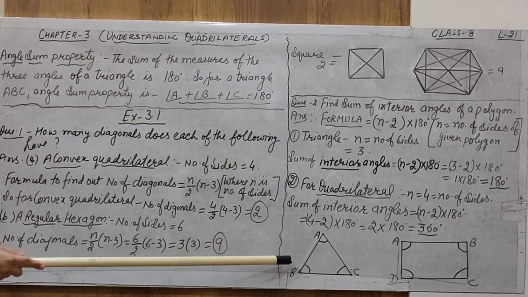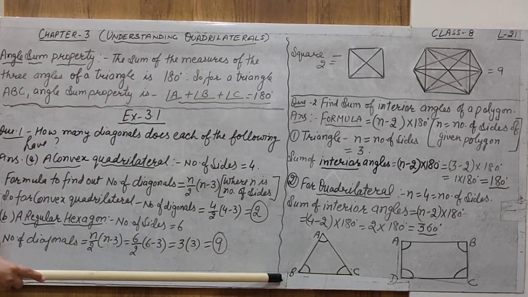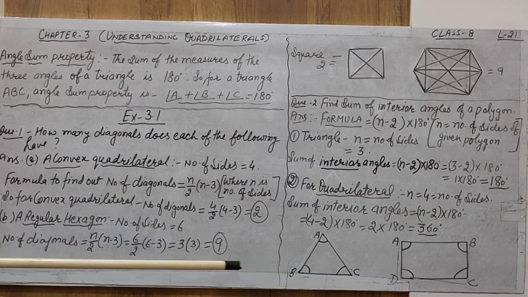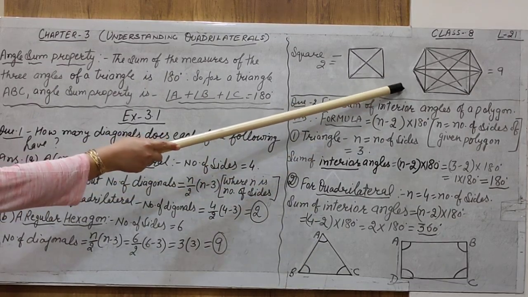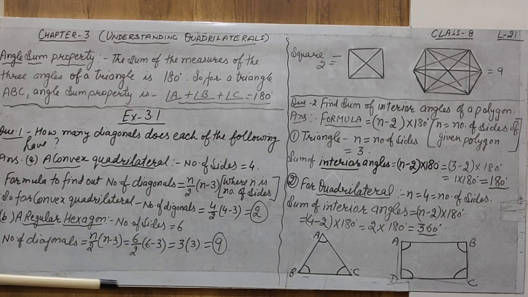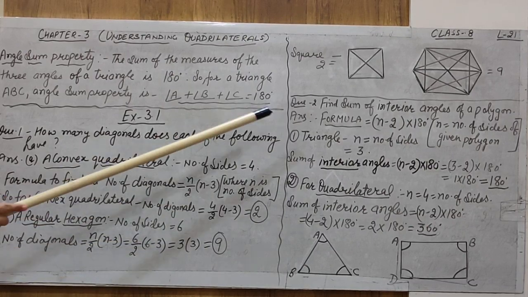Next, according to the classification of polygons, the 5-sided figure is the pentagon, and next is the hexagon with 6 sides, and so on.